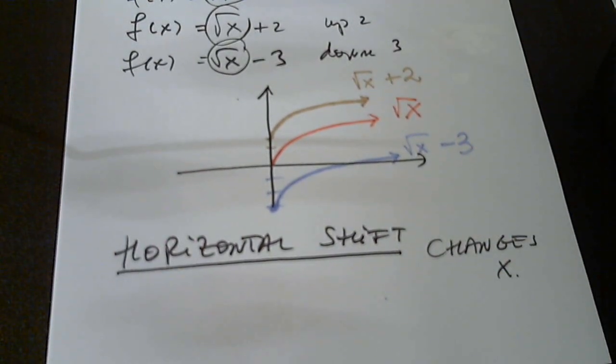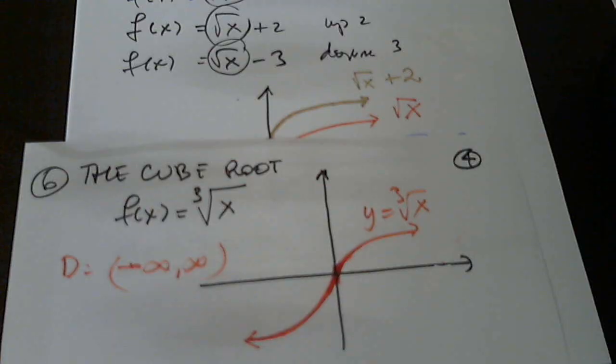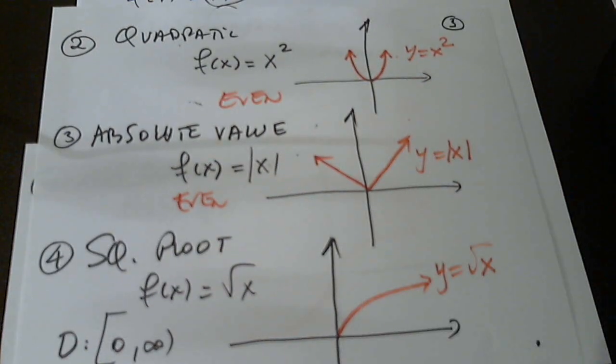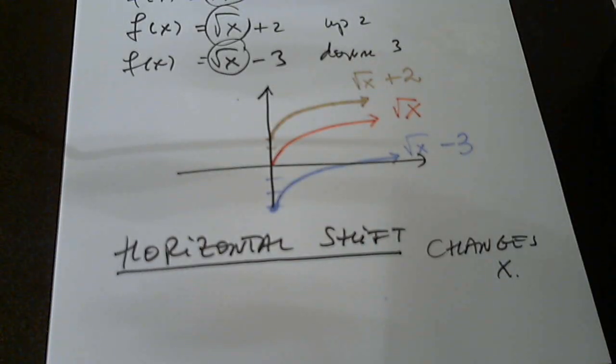So let's illustrate. Please choose a function to illustrate horizontal shift. Any function you want. We can choose the same. We can choose quadratic. We can choose cubic to illustrate. For which one? Cube root. With the cube root. Perfect. Okay.